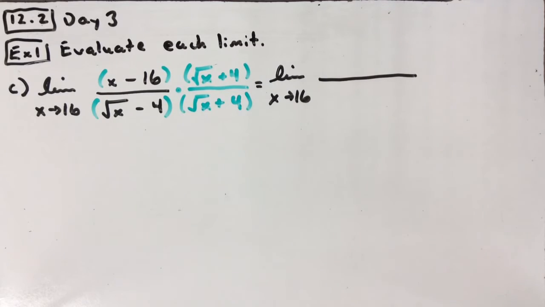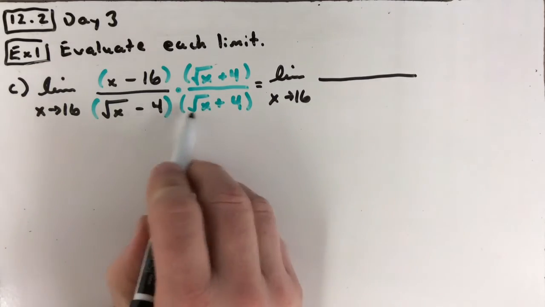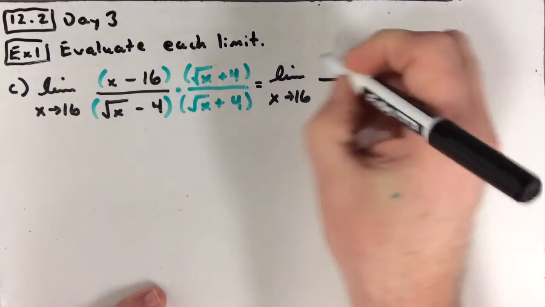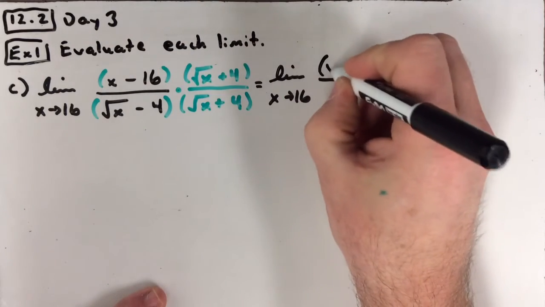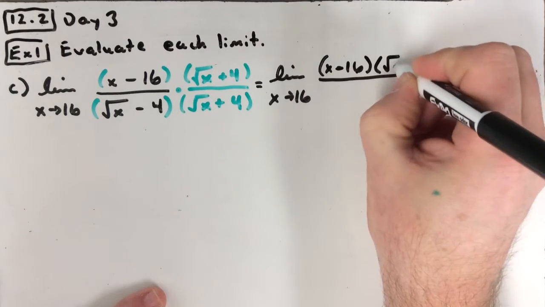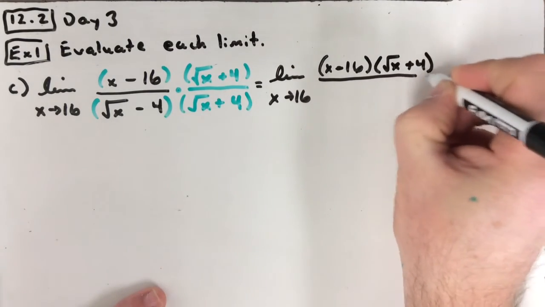We're going to want to leave the top the way that it is. So in these problems, you're going to multiply out the conjugates, but you're going to leave everything else the same. So up here in the top, I'm just going to copy this down as an x minus 16 and the square root of x plus 4.